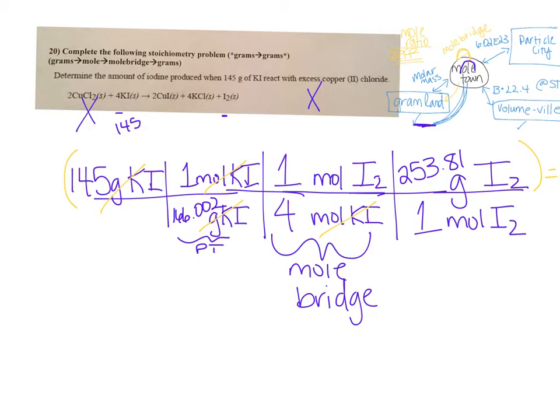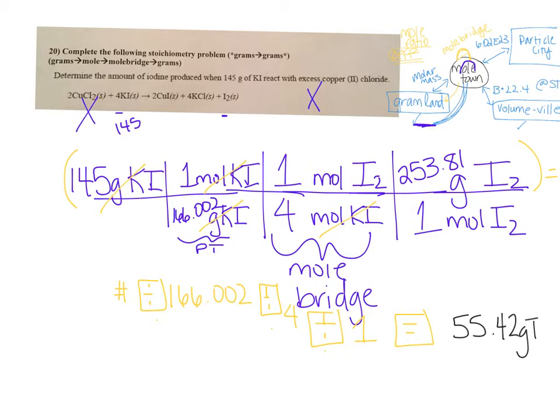What I like to do is get everything on the top, and so I'll have this number, and then I will push divide and say 166.002, and then push divide and say 4, and then divide 1. And then you push equals. When you push this division over and over in your calculator, it actually takes into account all those guys underneath. And I think this is the best way to do it without getting any rounding errors. So in conclusion, what you would get is 55.42 grams of iodine produced. Okay, and that's your answer for that one.